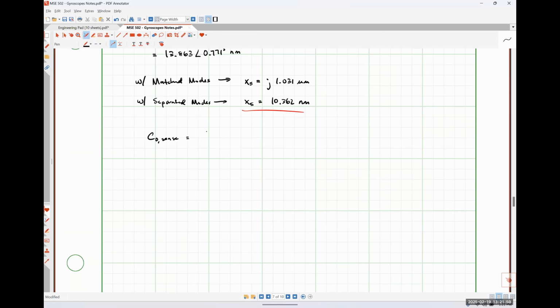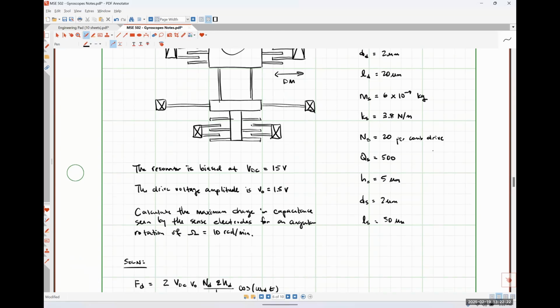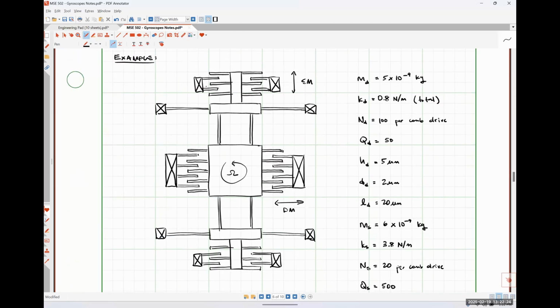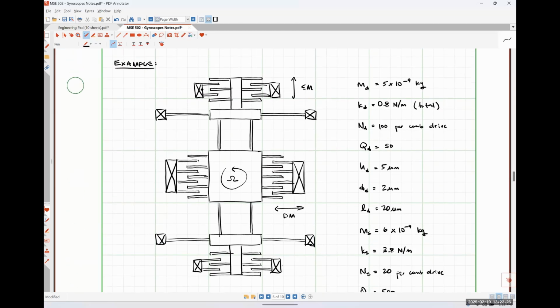This would just look like twice ns epsilon hs ls over ds. Actually, I'm going to change this to 4 just because up here I said that this was 20 per comb drive, and I see 1, 2, 3, 4 comb drives.